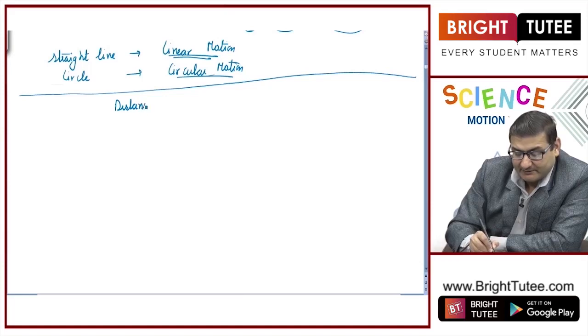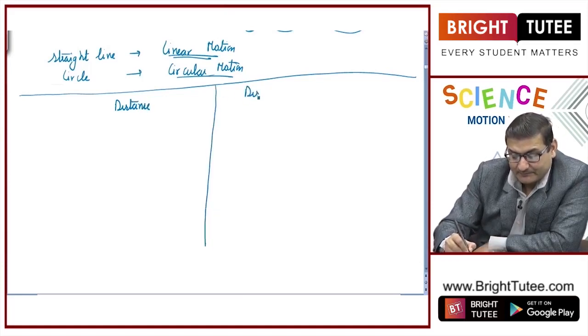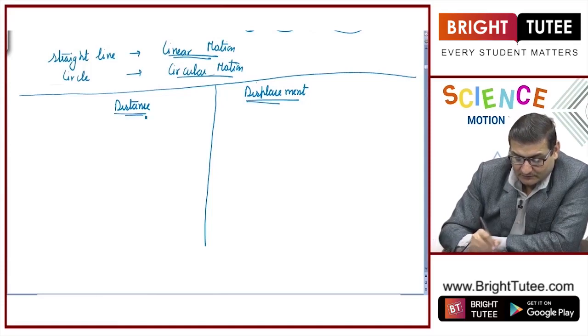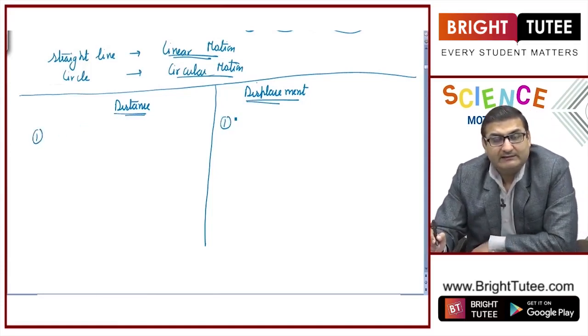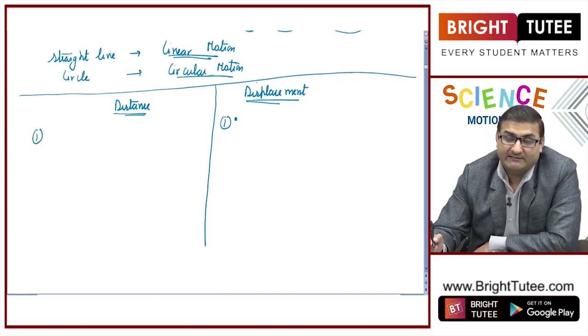Students, whenever you write differences between any two things in science specifically, the very first difference should be their definitions. Always try to differentiate between two things by defining them first.